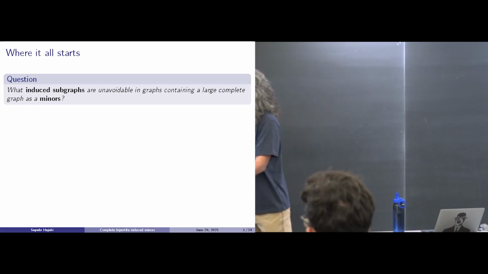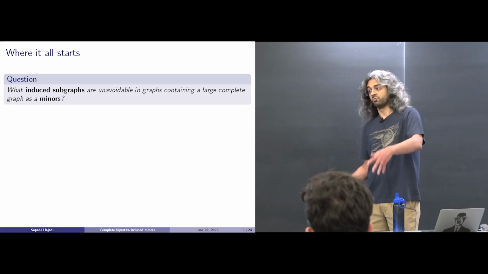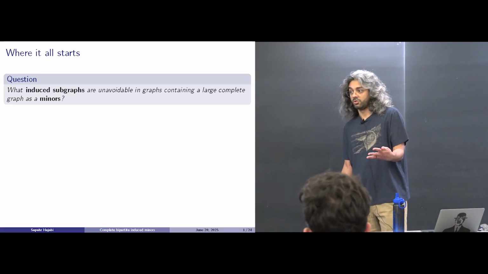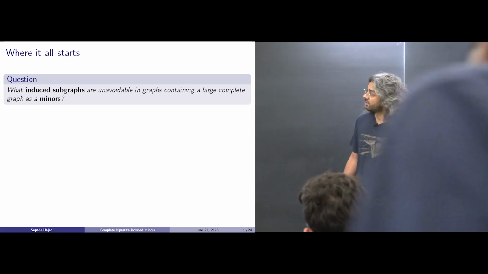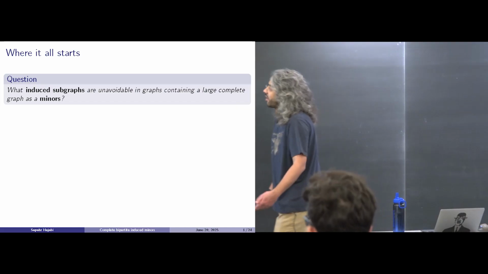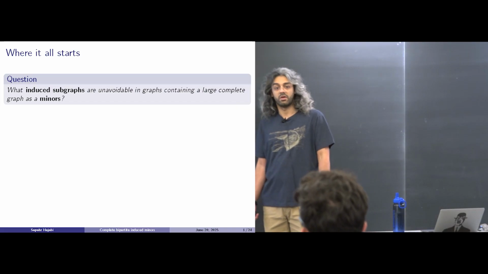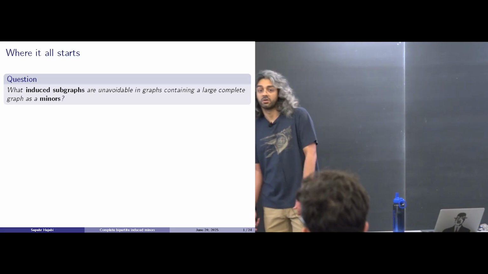And induced subgraph theory is very much about if the graph you're dealing with is complex, then what induced subgraphs you should be expecting to be present in your graph. And if you put these two together, then this question comes up. If I have a graph that contains a large complete graph as a minor, then what induced subgraphs are unavoidable?